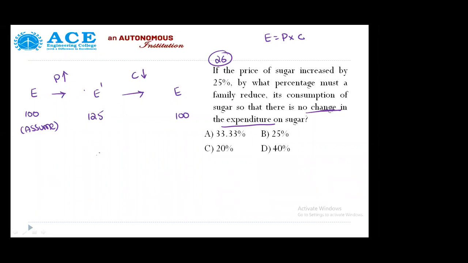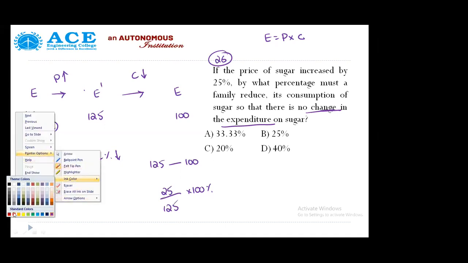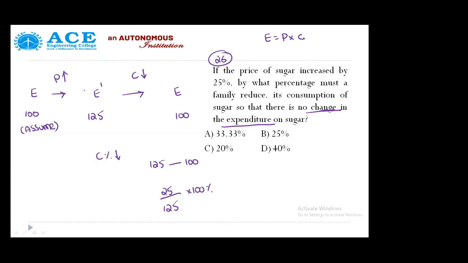How much should consumption decrease? 125 becomes 100, which means 25 with respect to 125 into 100, as the initial value here is 125. You will get 20%, my dear friends. When price is increased by 25%, consumption should decrease by 20% so that expenditure is maintained, no change in expenditure.